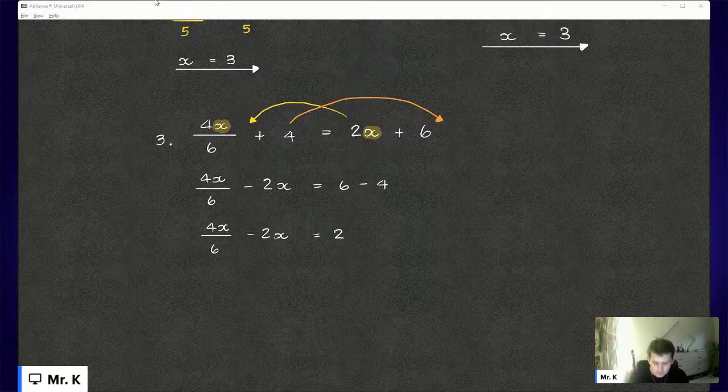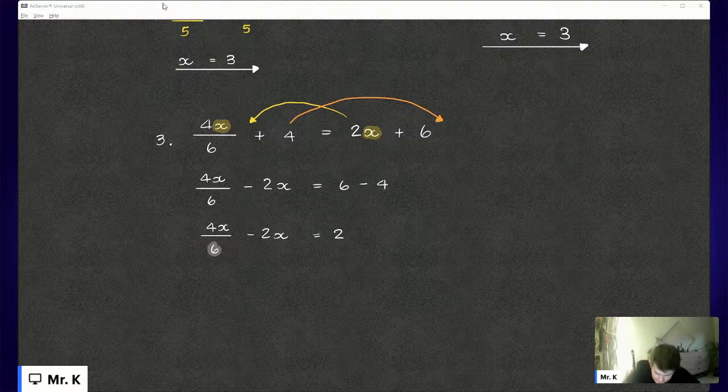So as we go through these questions, we need to identify what the next biggest problem is, right? For us, in this case, it's going to be this 6 at the bottom. Now, if I wanted to get rid of something being divided by 6, the opposite effect would be to multiply by 6, right? So that's exactly what I'm going to do.